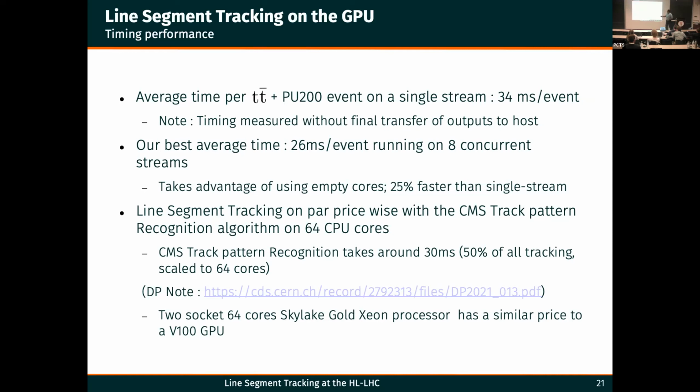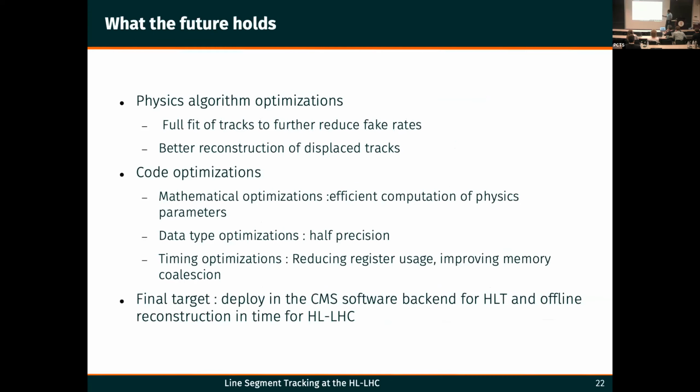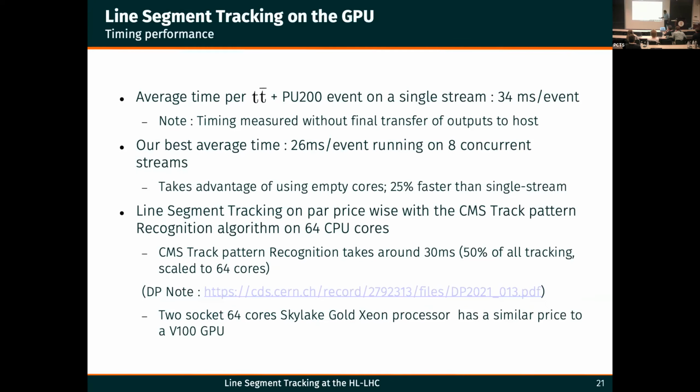So in some sense we've beaten the baseline here, even cost-wise, because at least in the future, we hope that GPUs will get cheaper than they are currently, and the cost becomes comparable to a 64-core Xeon Gold processor. So on the timing front, we are doing quite good compared to existing CPU stuff.